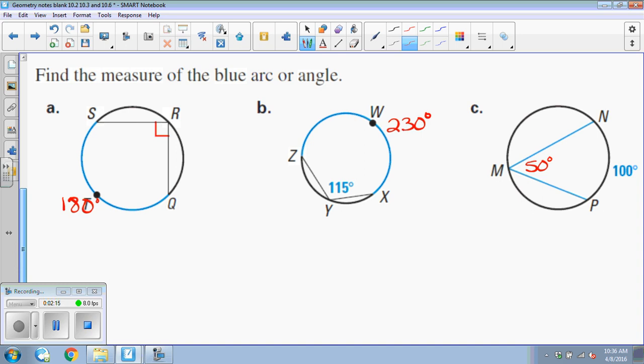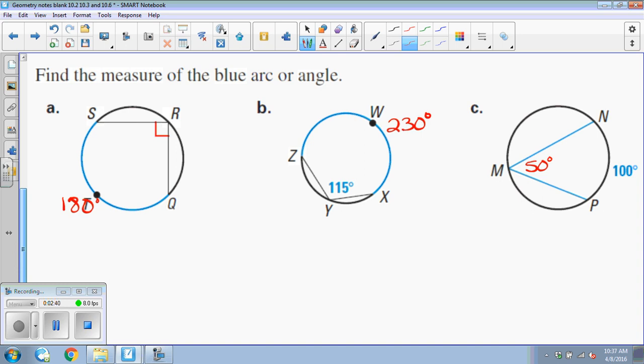Now, one of the theorems, this is just a look ahead. Don't write this down, just listen. One of the theorems, and you'll write the theorem down on the next page, talks about how if a side of an inscribed triangle is a diameter, then it's a right triangle.